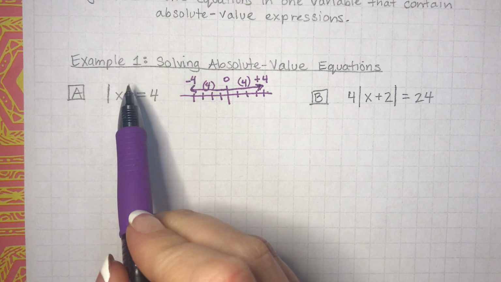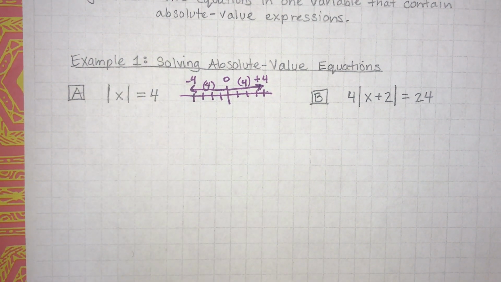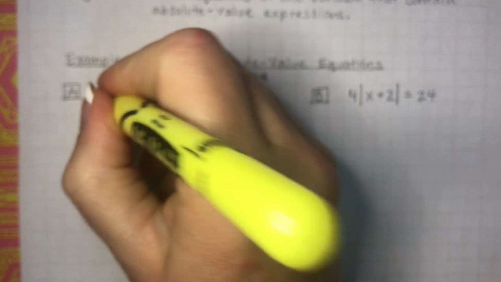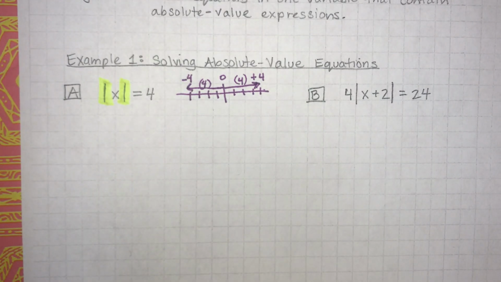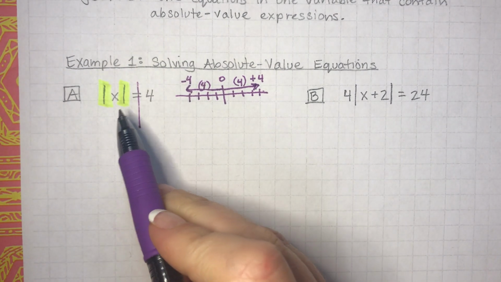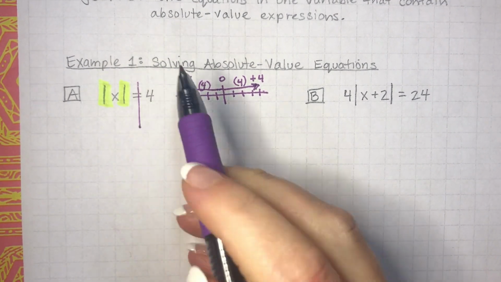So when we have this, the first thing you want to do is isolate that absolute value symbol. This whole thing right here, these absolute value symbols, you want to get that on one side of the equation by itself. And in this example, it's already by itself on this side of the equation.